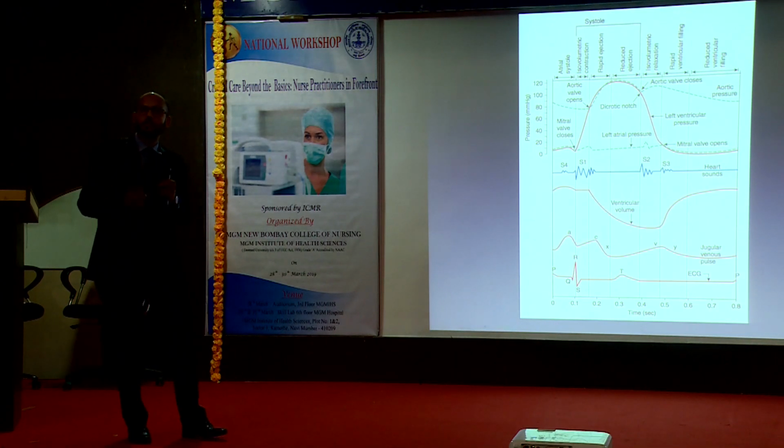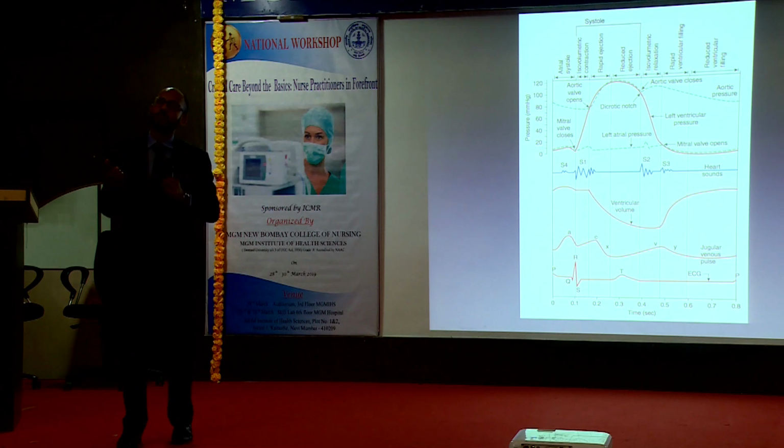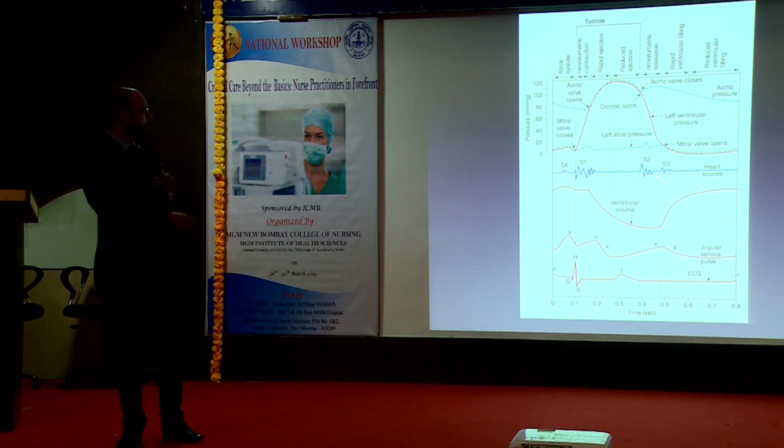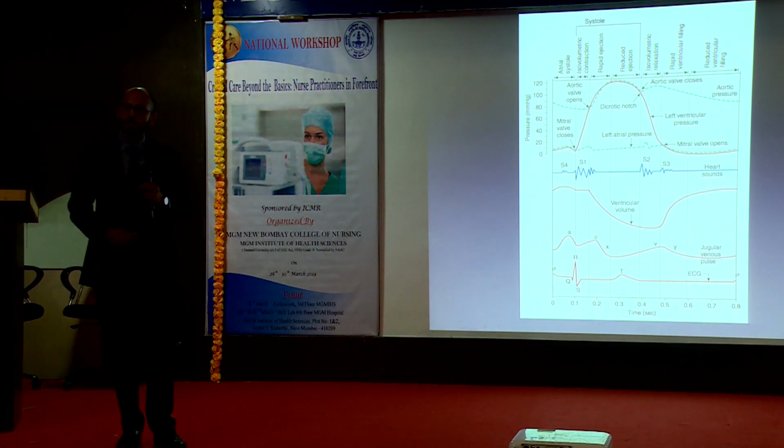The first heart sound is caused because the atrioventricular valves close. And S2, which coincides with this part, is when the semilunar valves, the aortic valve and the pulmonary valve, close. This is just to give you a relation between the pressures, the ECG, and the heart sounds in relation to the JVP.